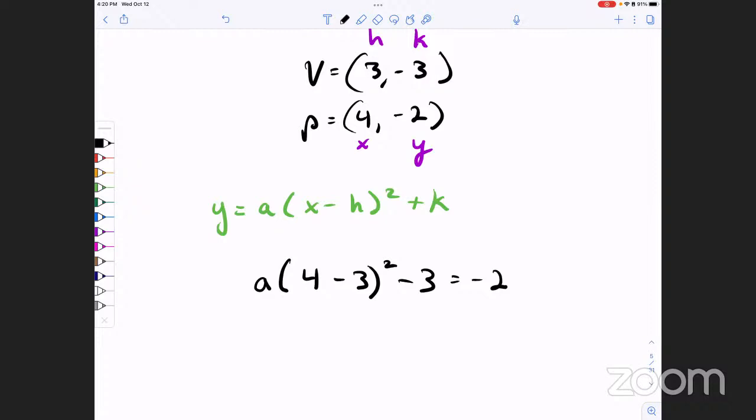If we add 3 to both sides, on the right-hand side, we're going to get 1. And 4 minus 3 is 1 squared is 1. So that's going to be a. All right.